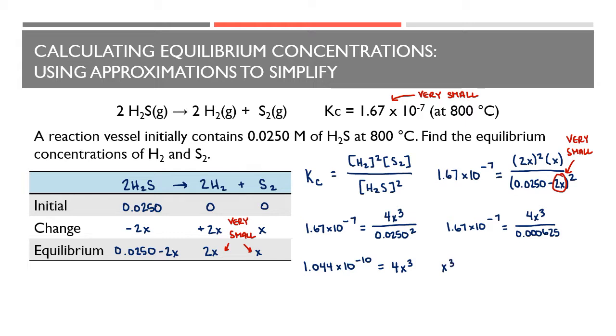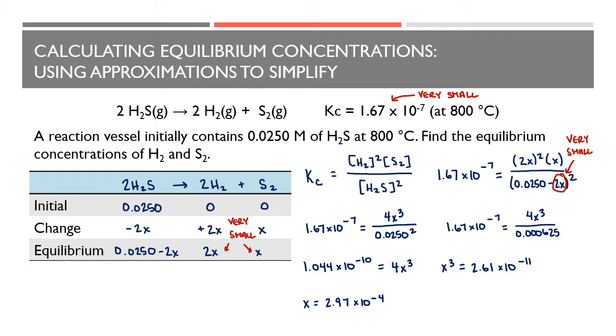Now I'm going to divide both sides by 4, and I get x cubed is equal to 2.61 times 10 to the negative 11th. Now I'm going to take the cube root of that to solve for x. So x is equal to 2.97 times 10 to the negative 4th.